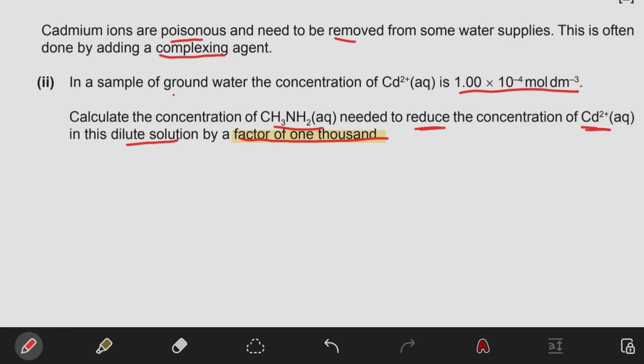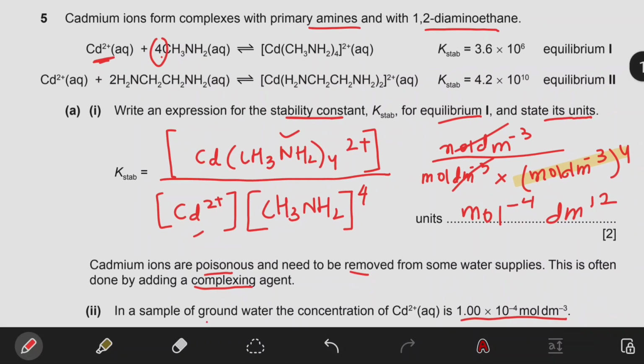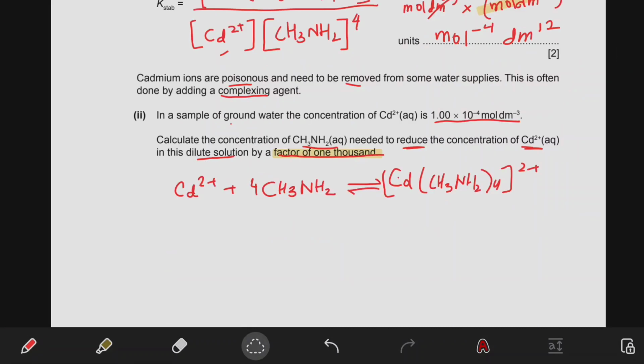Okay, this is very easy. You just write the equation from the above part, which is this one. Obviously, because you can see here that this was stated in the question, and you can see the cadmium ions being reacted with this. Okay, so let's copy the equation. Let's write initially what the concentration of each of these three is.